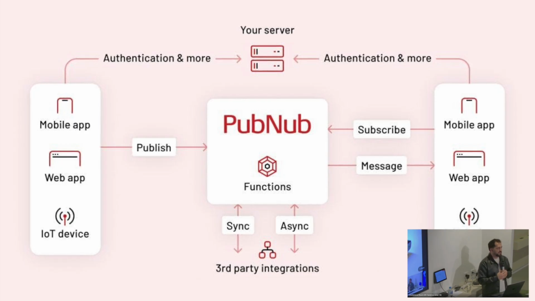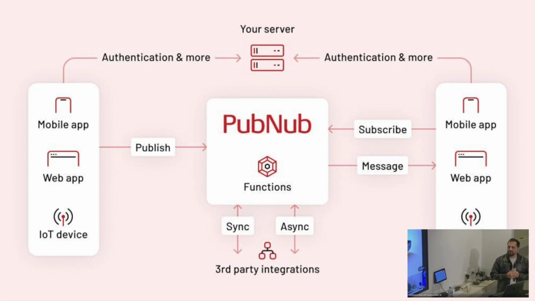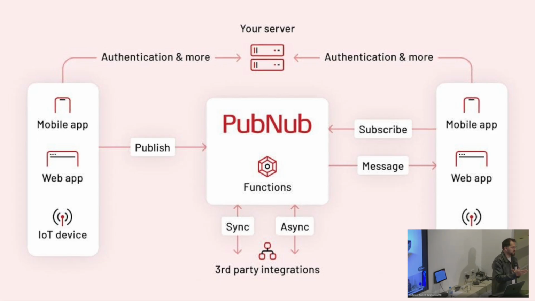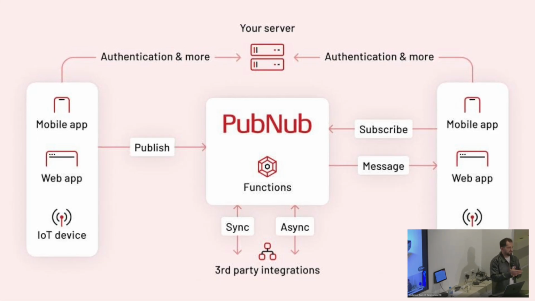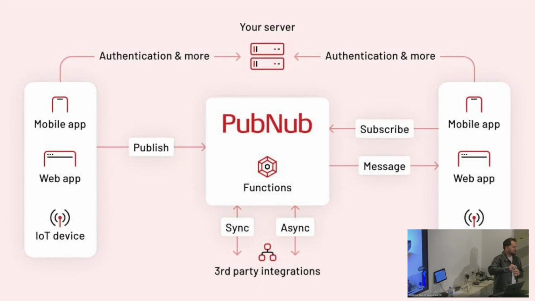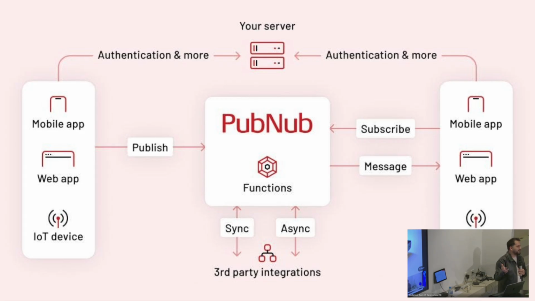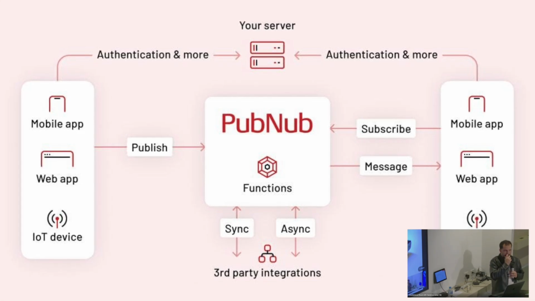PubNub is a publish-subscribe network with infrastructure across multiple countries. They are essentially an event-driven platform, right? You get an SDK, your app connects to PubNub and opens a WebSocket, which was prior to HTTP/2.